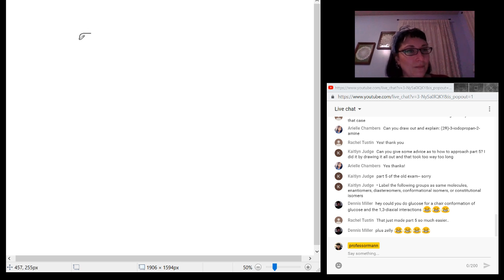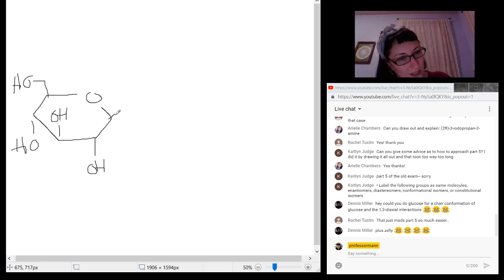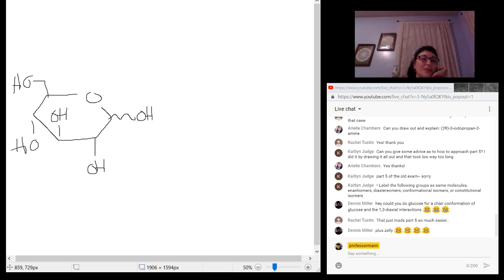So, wow, that's an ugly glucose. Let me try that again. So, organic class. This is what glucose looks like. And it has various stereochemistry there. This is another one of those Haworth projections like I was just talking about.